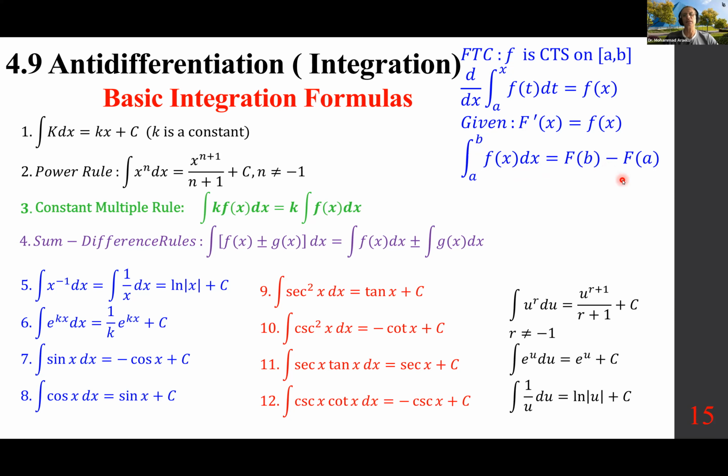We'll discuss that as we come across the examples, but this is the synopsis of integration. We also have the substitution rule, which is the reverse process of the chain rule. All of them will be discussed.